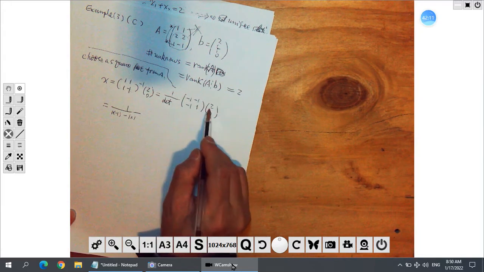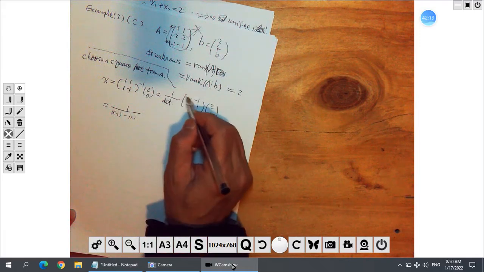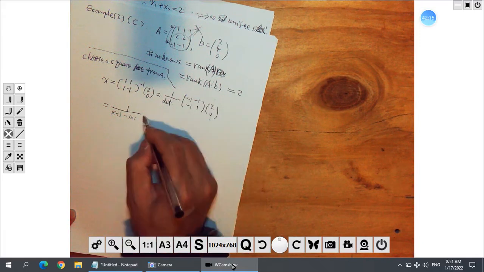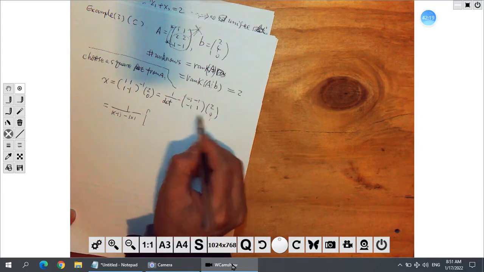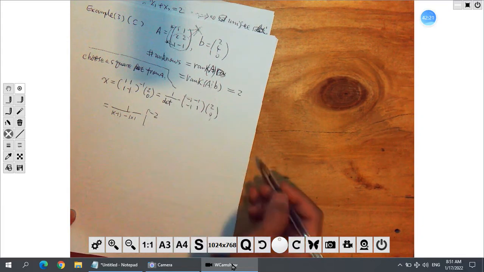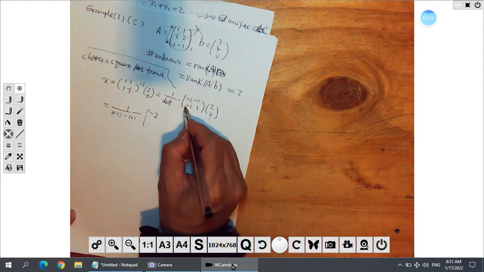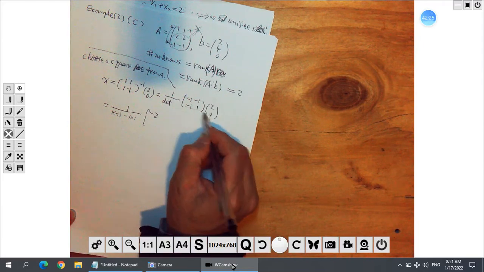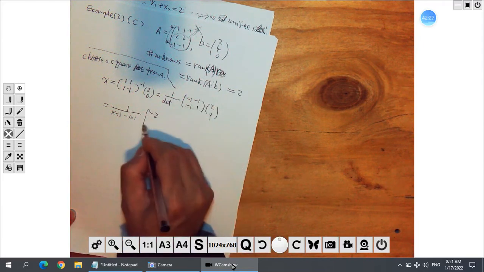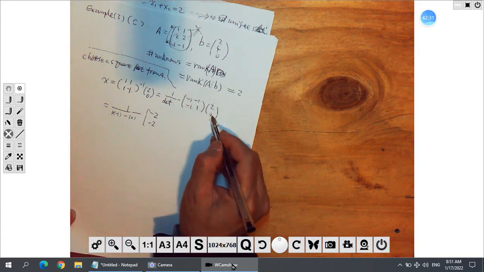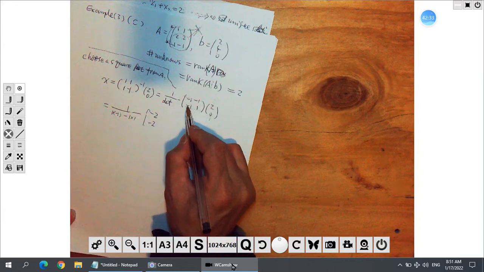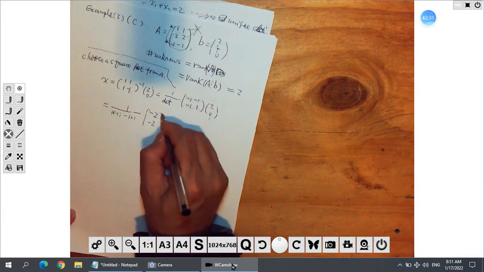These 2 matrices multiplied together. I use this row times this column, element by element, I get -2 and 0. Then add them together, so I have -2 here. And then the second row times this column, -1 times 2, I get -2, and 1 times 0 is 0, so only -1 times 2, that's -2.